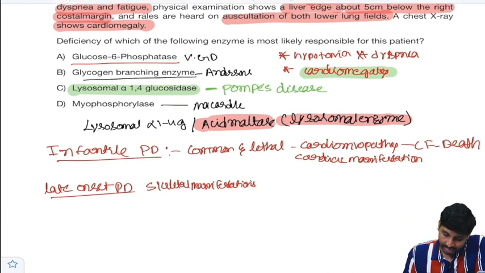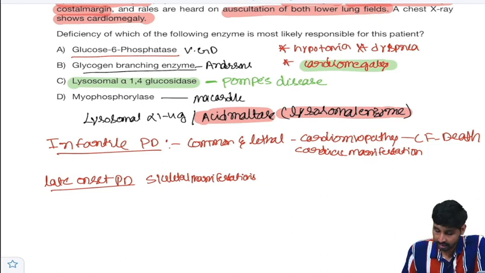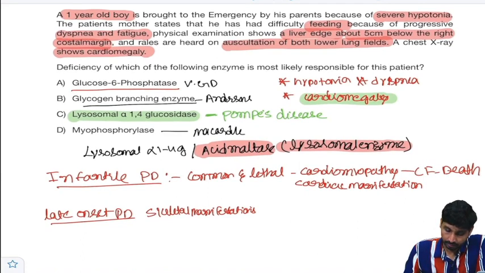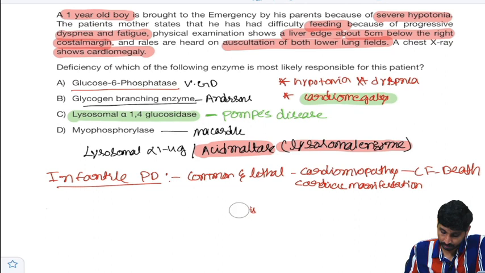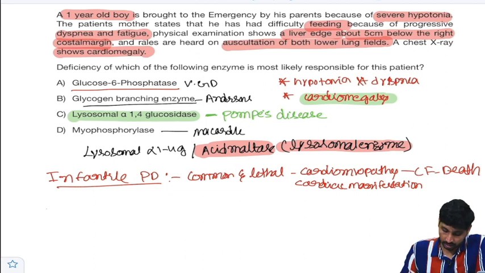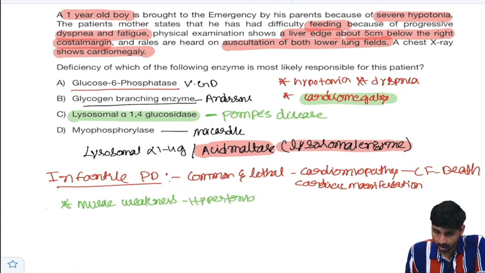If you go into detail about the characteristics of infantile Pompe disease, the first thing is muscle weakness, that too hypotonia.